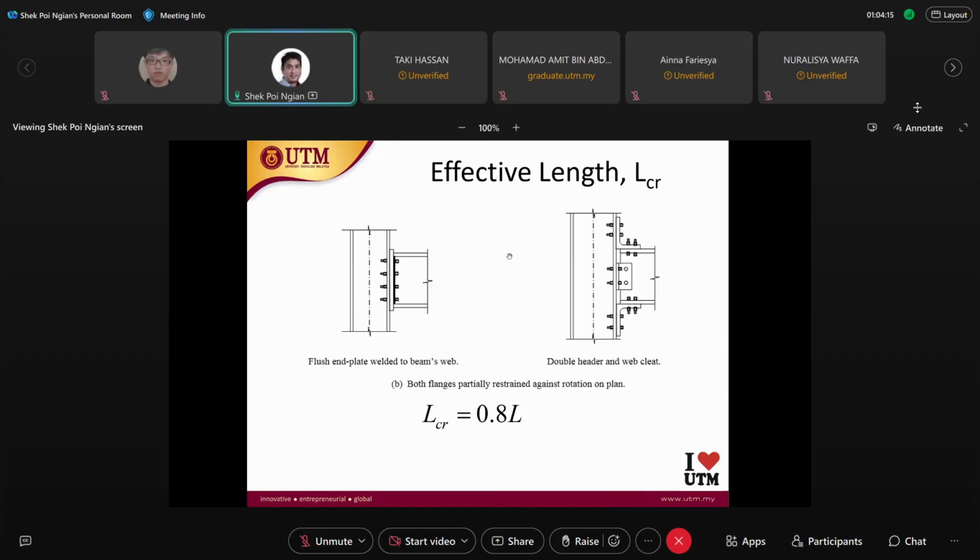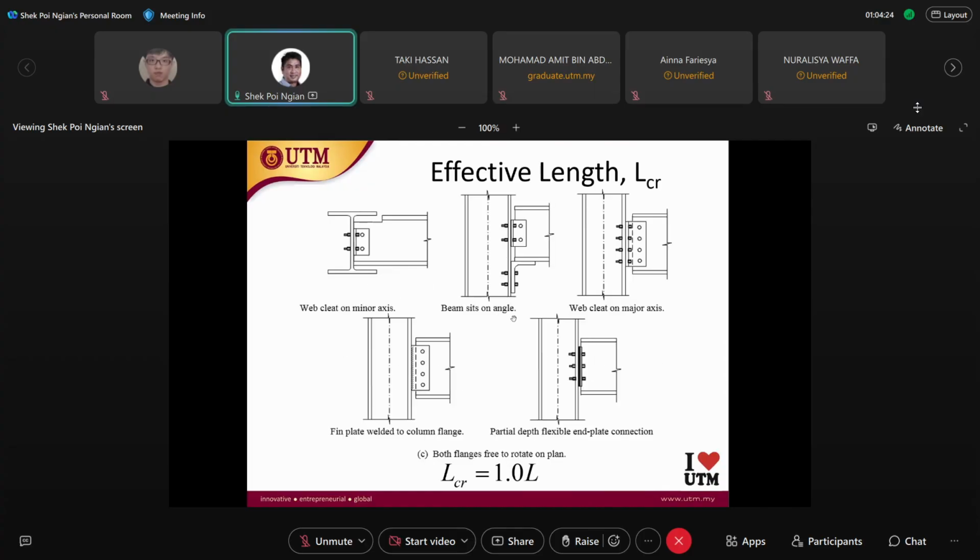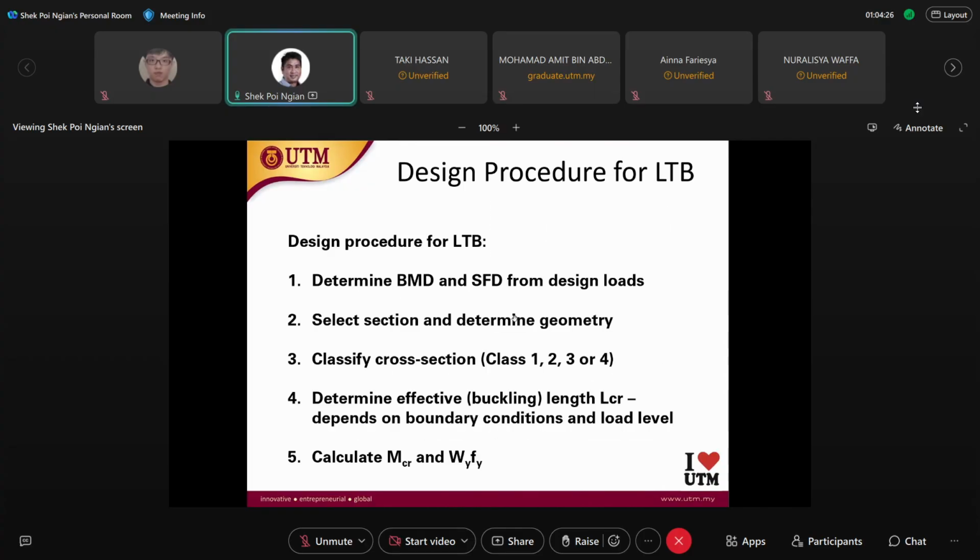Okay, so basically, that is how we determine the parameters in the calculation. So the procedure for lateral torsional buckling. First, we identify the bending moment diagram, BMD, and also the shear force diagram, SFD, from the design load. And then we choose a section and get the section properties.